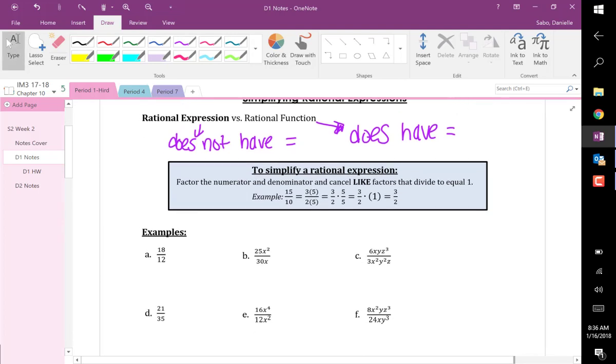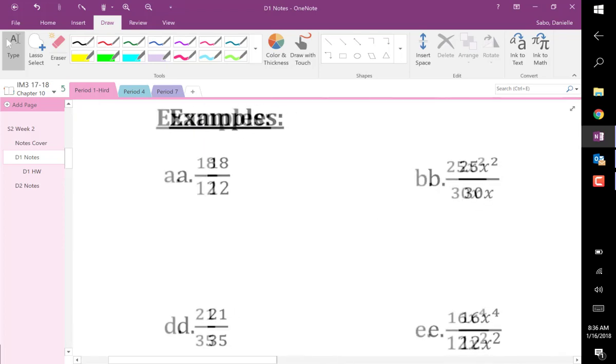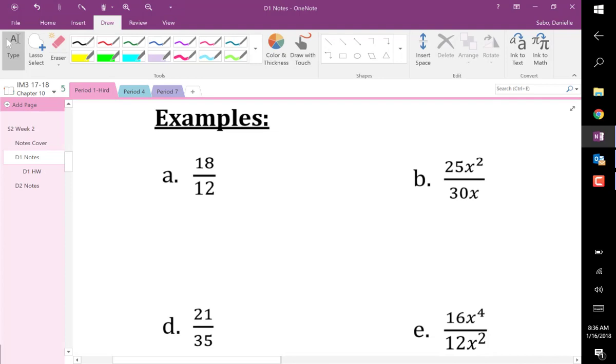So to simplify a rational expression, we're going to factor the numerator and denominator and cancel things out. Or people just call that reducing. I know that people like to reduce when simplifying fractions. So let's look at this very first one. What number goes into both 18 and 12? 6. Very good.